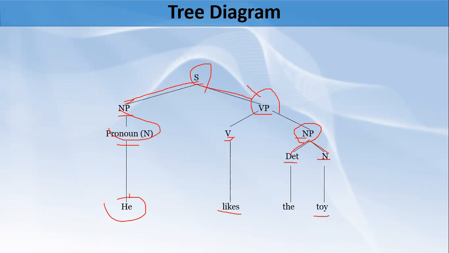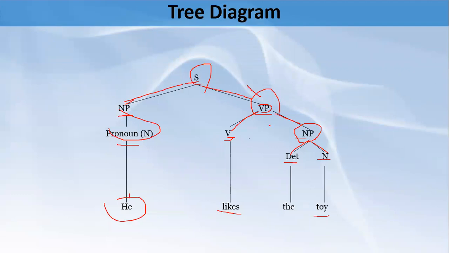So this is what we learned about the noun phrase. Now a verb phrase consists of a verb and a noun phrase. I'll provide you a chart for all these things, for remembering them forever.